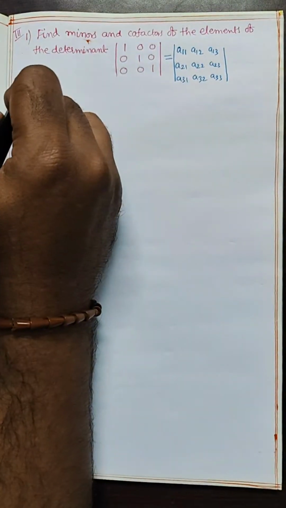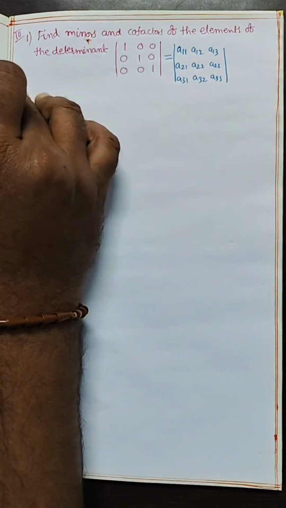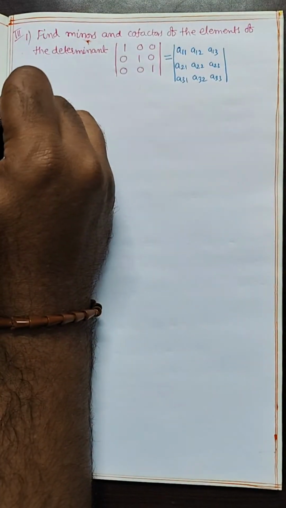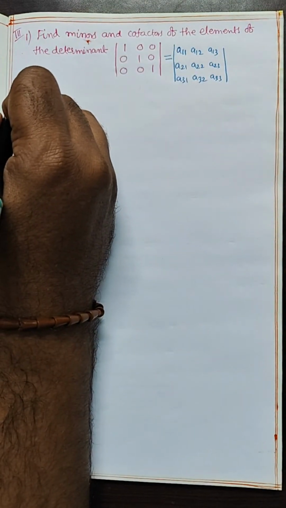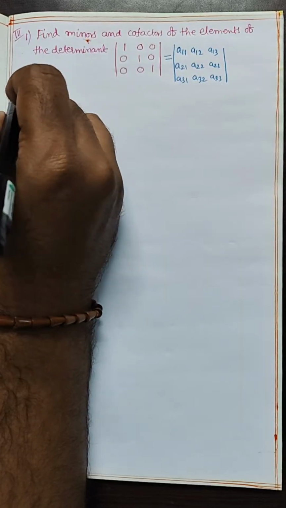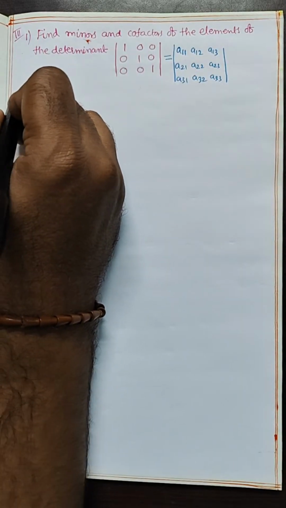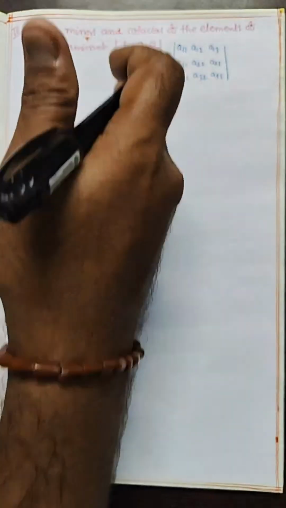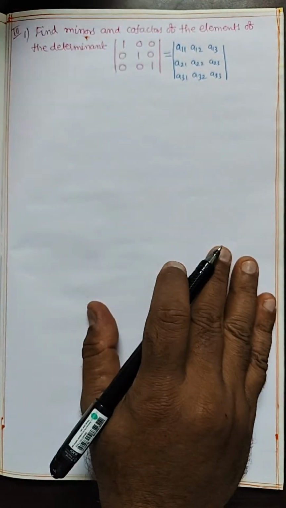First, directly don't go for cofactors. First, minors I am calculating on this side, and the cofactors will be on this side.